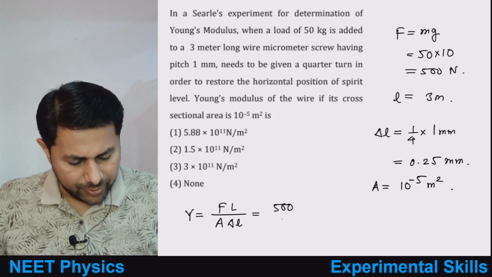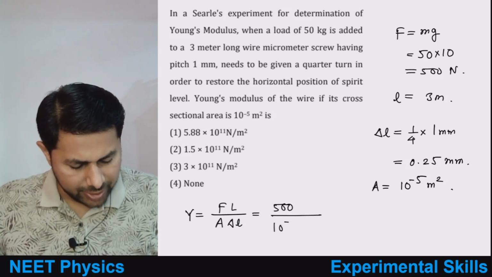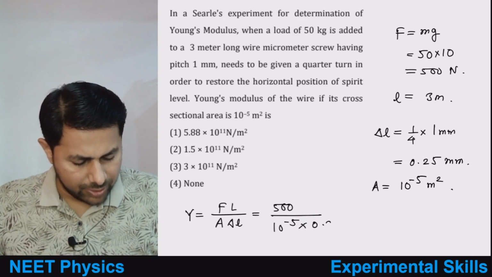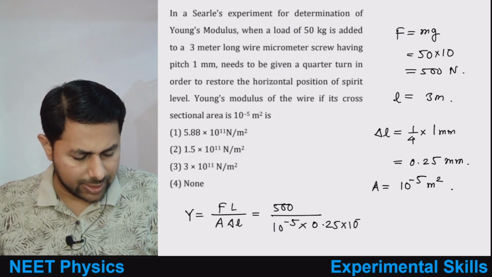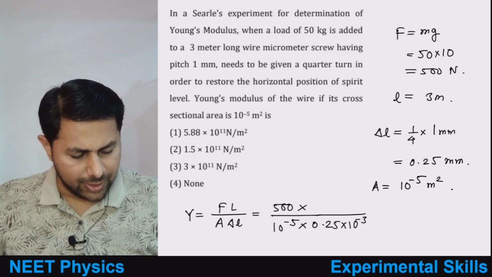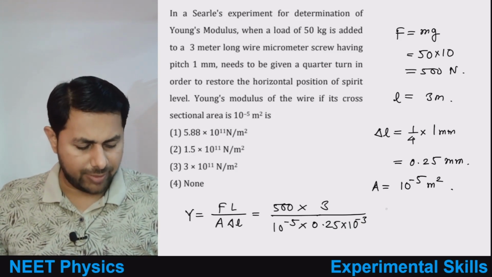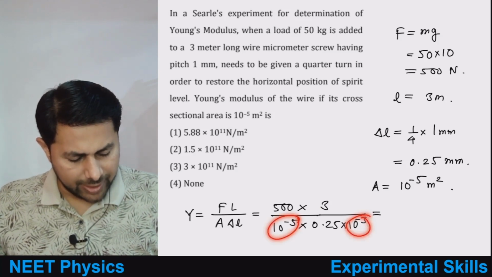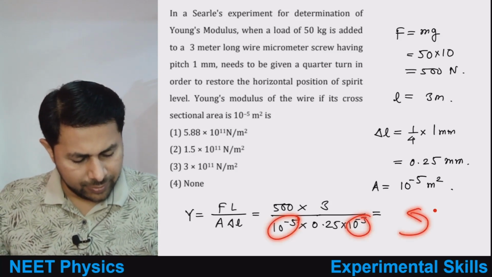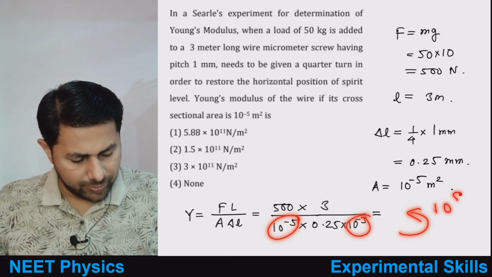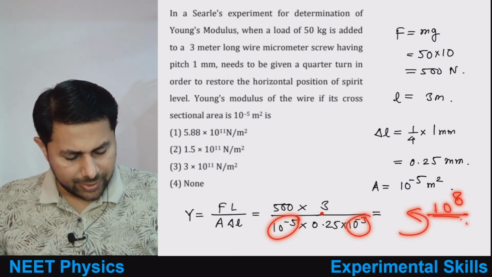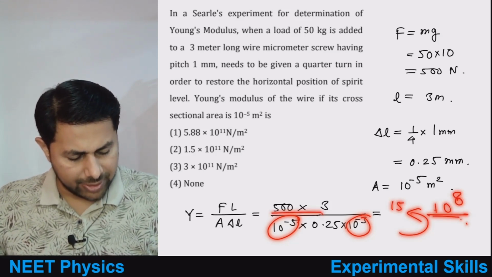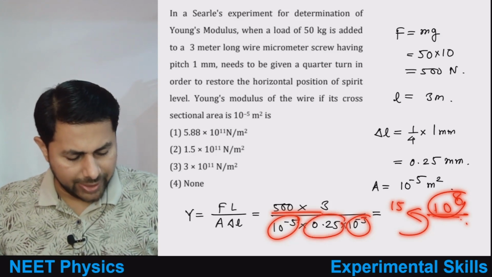Force is 500 newtons. This is 10 raised to minus 5. Delta L is 0.25, but it's in mm, so that's 10 raised to minus 3 in meters. Then the wire has a length of 3 meters. Okay, so just take that 10 raised to minus 5 and minus 3 in the numerator. So it is 10 raised to plus 8, right? So then you have 1500 times 10 raised to 8 divided by 0.25.